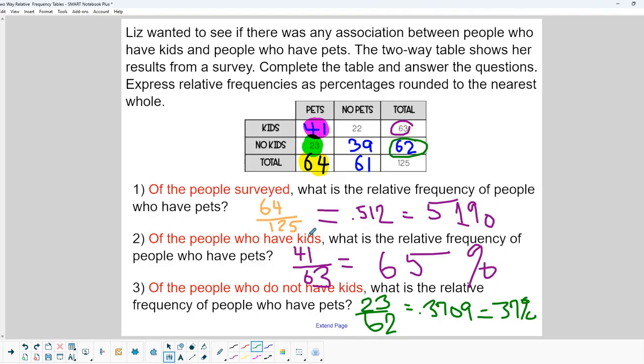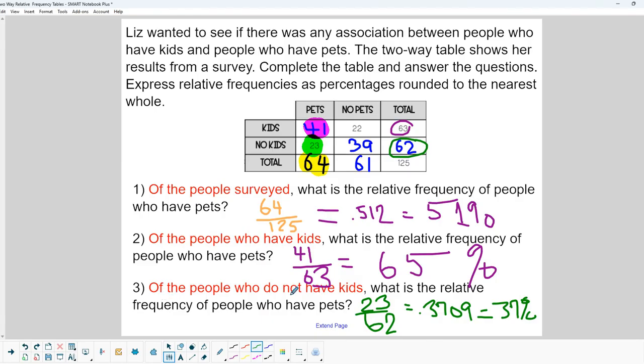On the next question, of the people who have kids, in this group, there are 63 people who have kids. What is the relative frequency of people who have pets? So 41 out of 63 have pets, which when you divide it, you end up with 65% when you round it to the nearest whole percent.